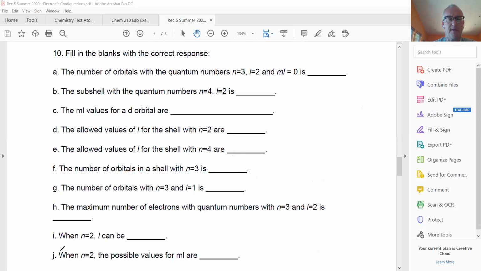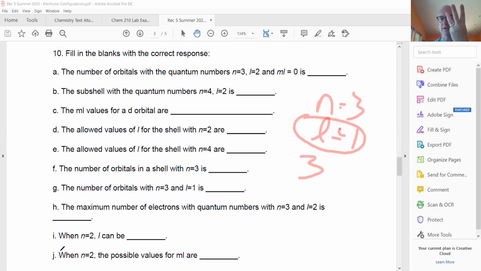All right, the number of orbitals with n equals 3 and L equals 1. So n is 3, L is 1. Which subshell is L equals 1?